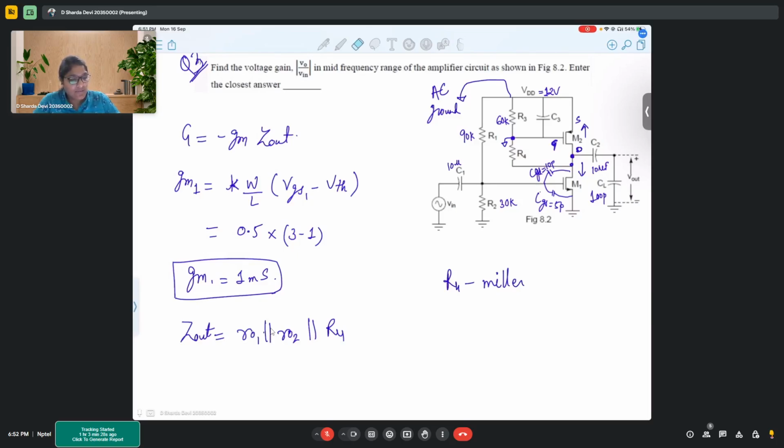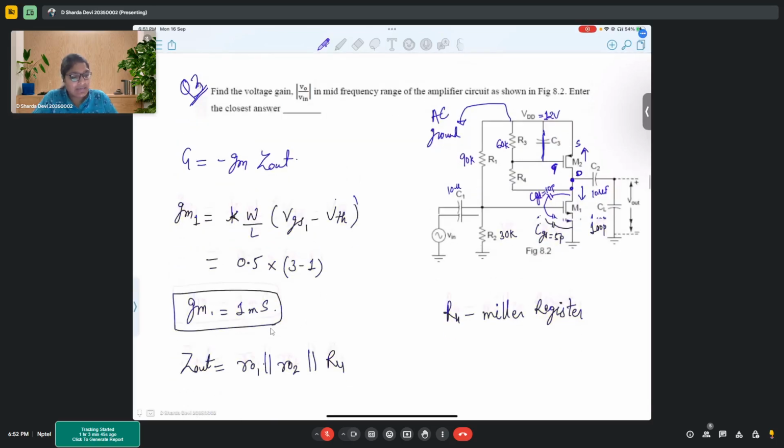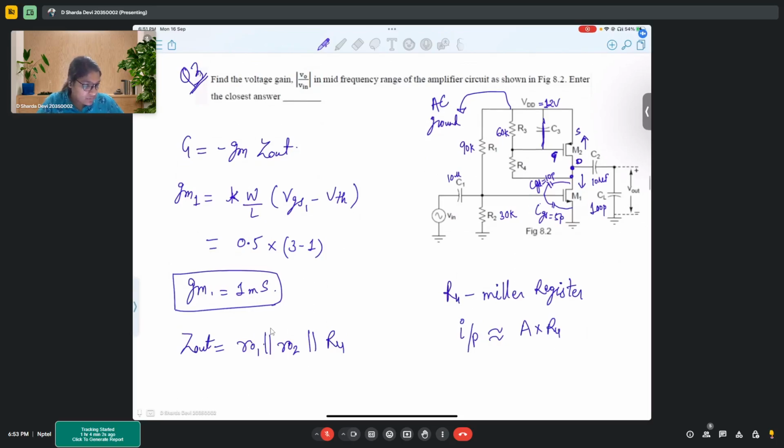So from there, you can directly see that since this is AC, with the short circuit, R3 would not come into the picture. Also, if you look at it as a Miller resistor, we know that on the input side, the resistance comes out to be approximately gain times the resistance value. So the input would be approximately A into R4, whereas on the output side we would only get approximately R4.